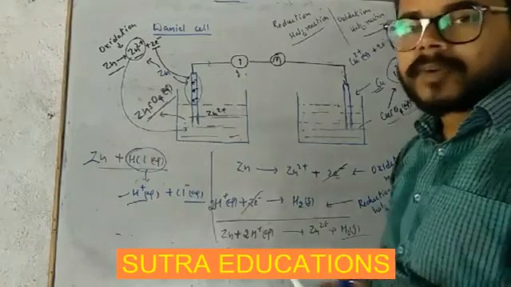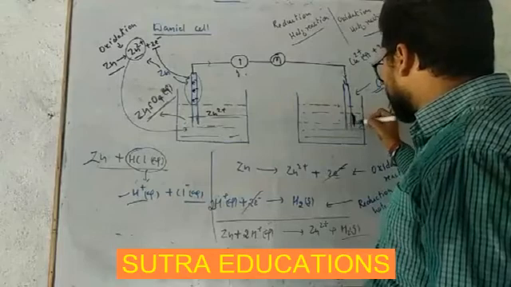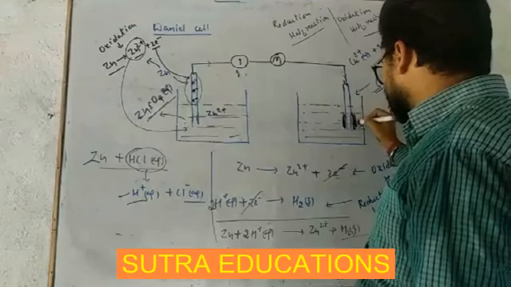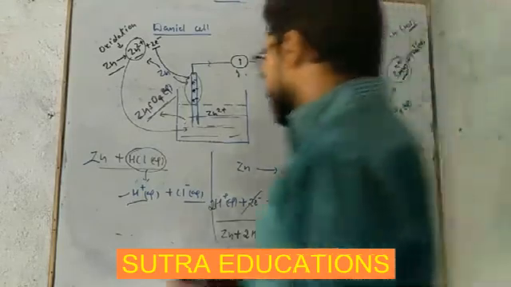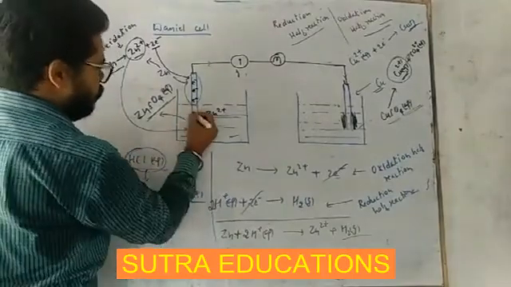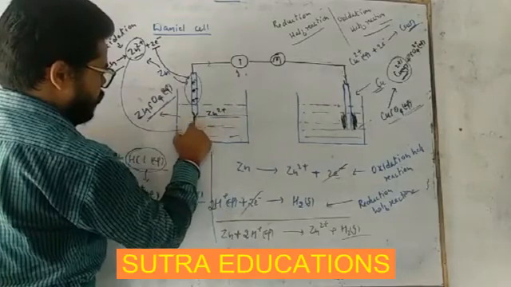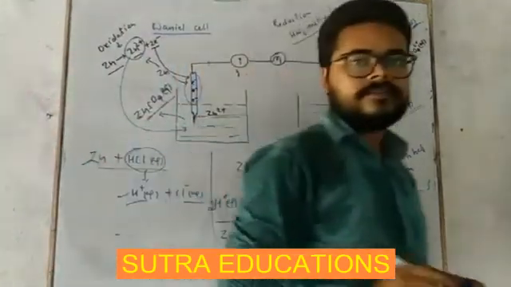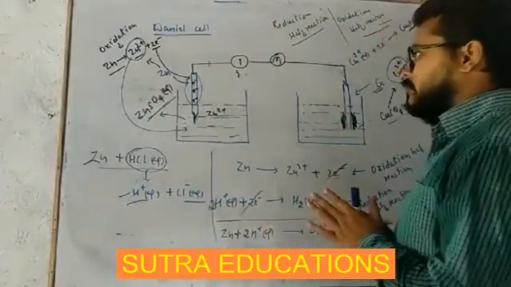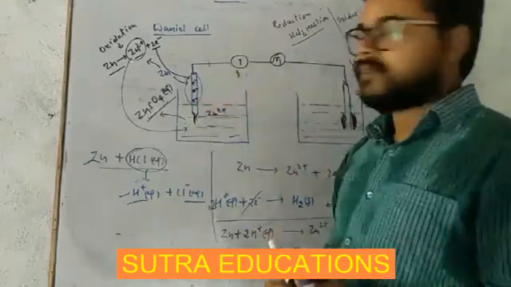Extra copper is forming here, so the mass of copper here is increasing, and at the same time the mass of zinc is decreasing here. Clear? Now just try to understand what will happen. Electrons are flowing in this direction.